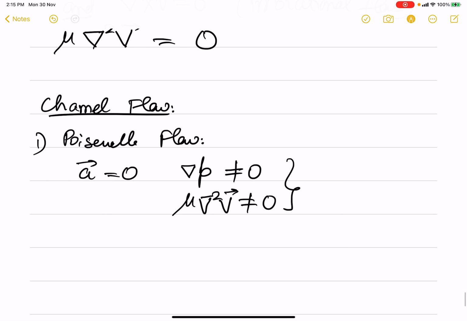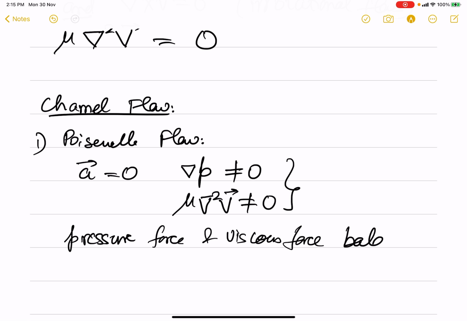That means in Poiseuille flow, the pressure force and the viscous force balance each other. The pressure force is not causing an acceleration of the fluid particles.